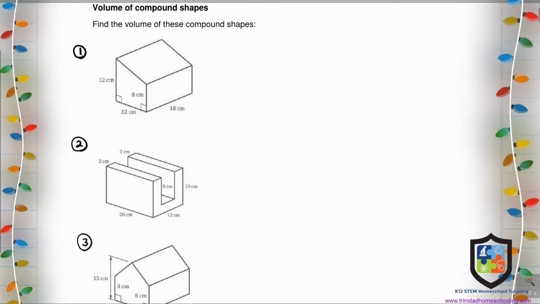Right, but if we draw this line here, we could see it is made up of a triangular prism. So here we have the top shape, which is a triangular prism. And then we have the bottom part, which looks like a rectangular prism.